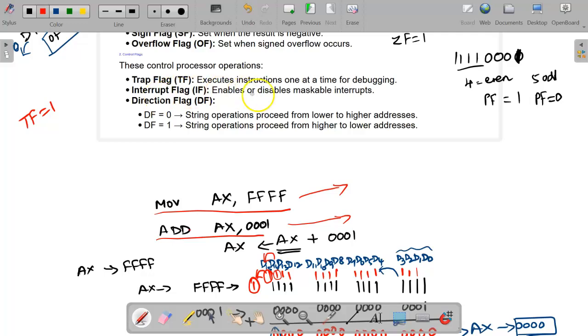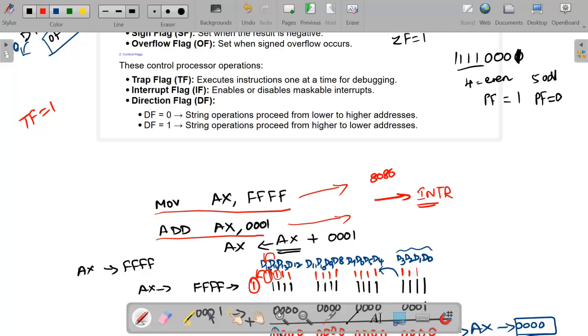And then the interrupt flag. The interrupt flag can either enable or disable the maskable interrupt. In 8086 we have one pin called INTR, and using INTR the peripheral interrupts will interface with the 8086. So from the peripherals we can get the interrupt through this pin INTR.